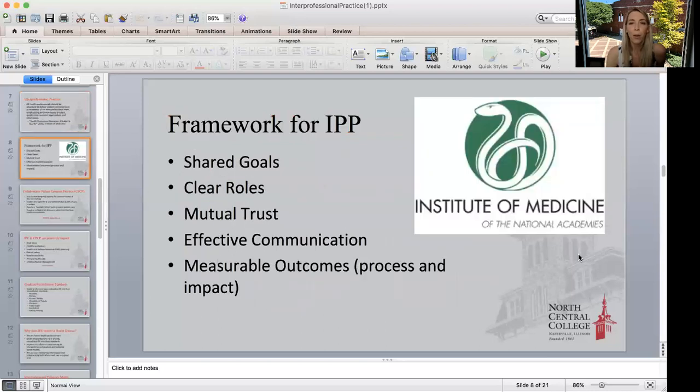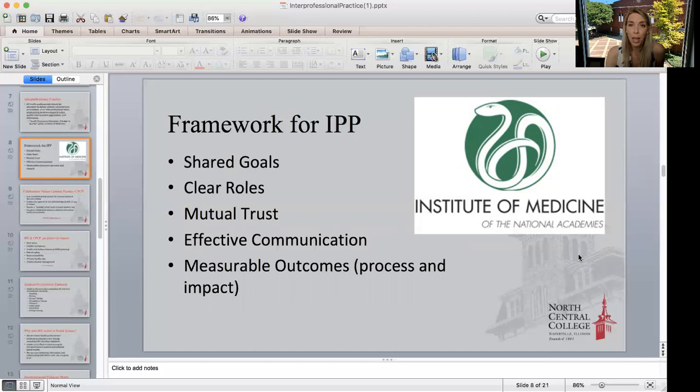When we're talking about interprofessional practice, remembering back, not the parfait, but we're talking about how do we become that smoothie from the multidisciplinary. So how do we turn multidisciplinary into the smoothie approach, or interprofessional practice?